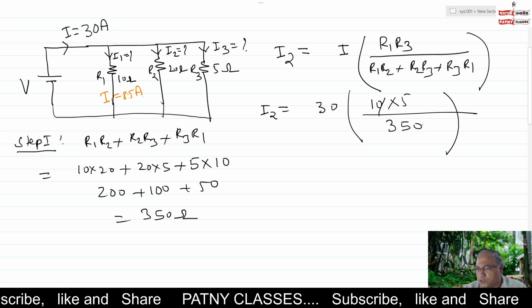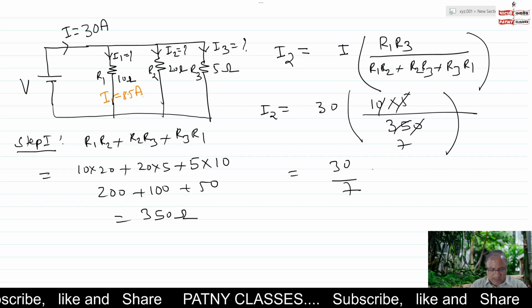So 0 gone here and here, 5 7s are 35, so 30 upon 7. 30 divided by 7 equals 4.2 amperes.